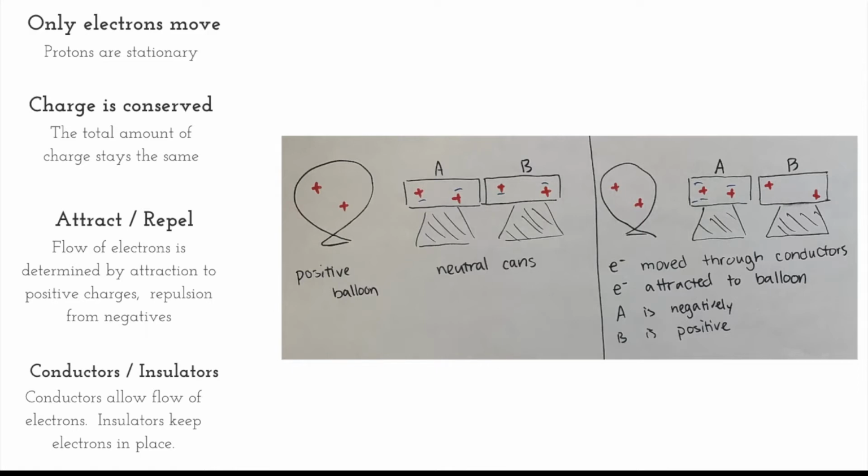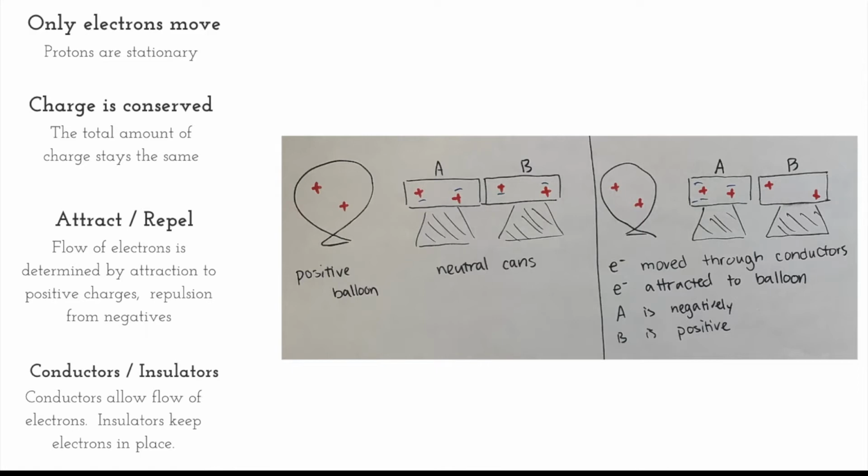The electrons flowed from B into A. The charge is conserved because the total amount of charge stays the same in both pictures. In both pictures, I had 6 protons and 4 electrons, so the charge is conserved. For attract and repel, the electrons were attracted into A because they wanted to get closer to the positive balloon, so the electron motion was due to attraction.